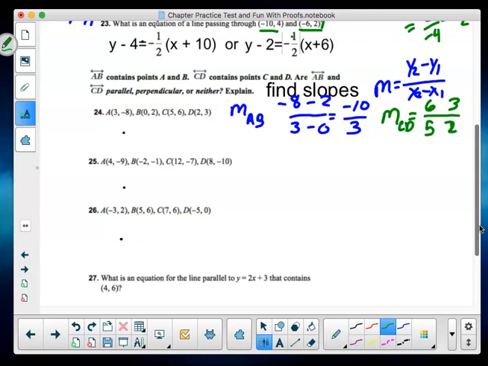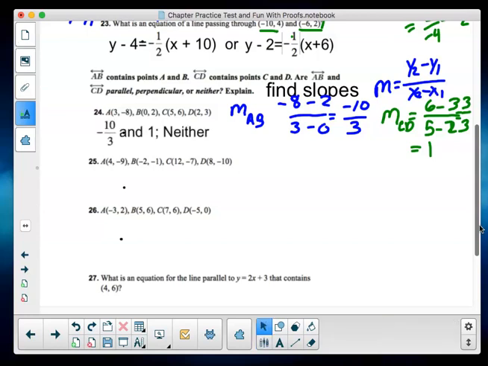Yep, 3 over 2. And I've got 3 over 3, and that's 1. So they're not opposite reciprocals, because this slope is 1. They're not the same. Opposite reciprocals are perpendicular, the same is parallel. So these are neither.